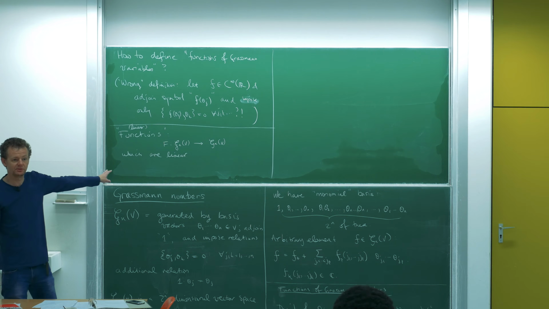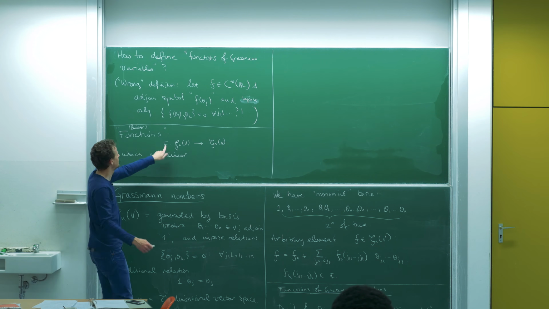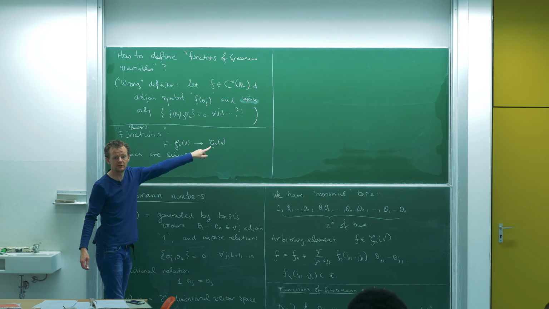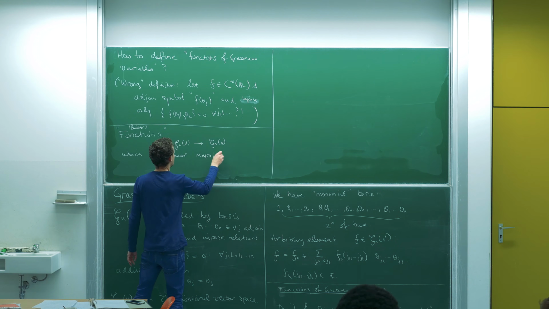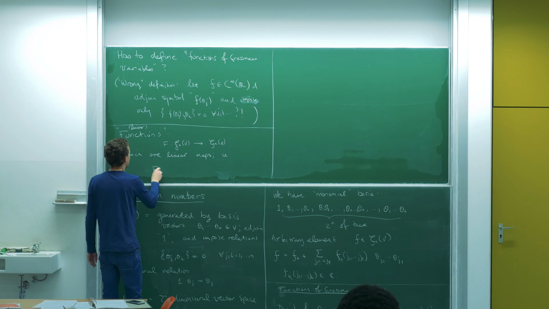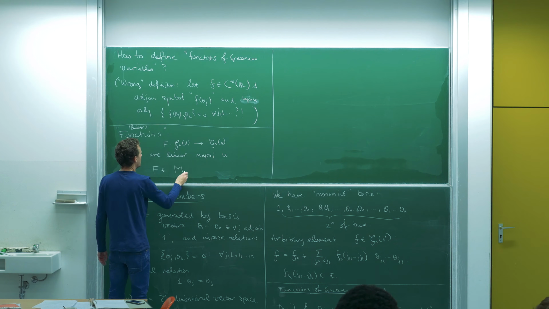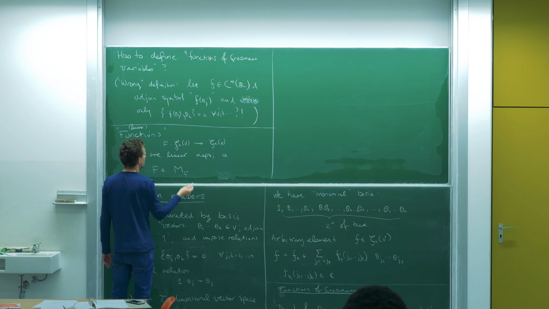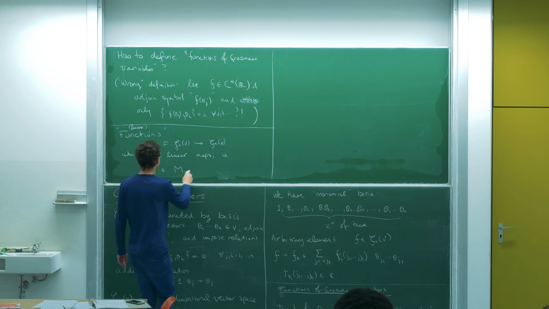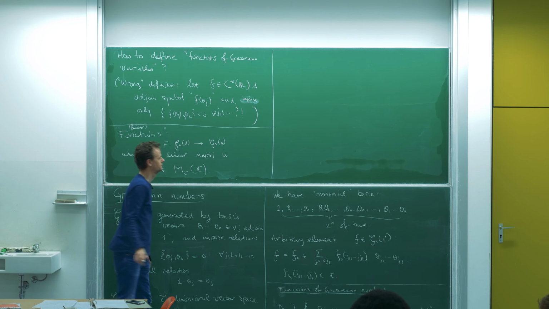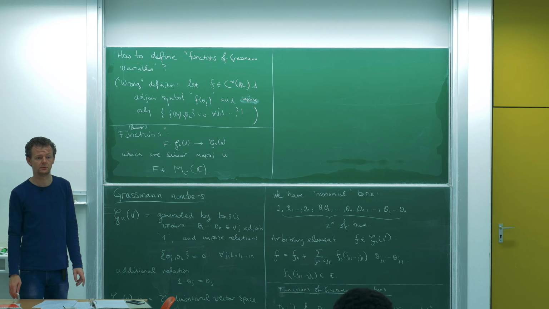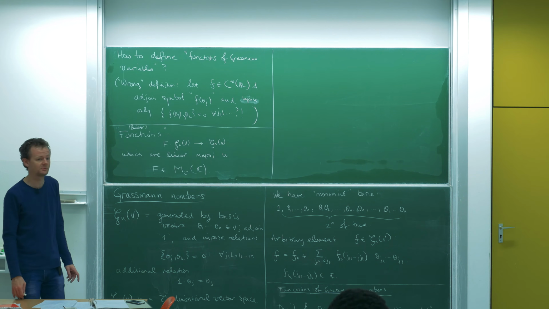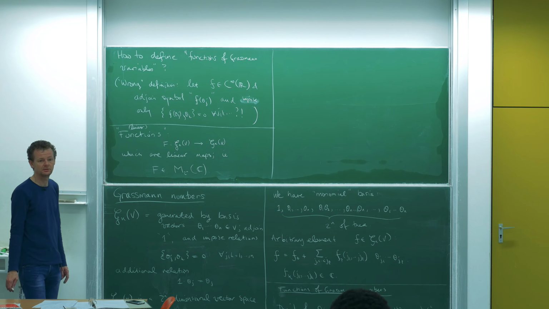They should be linear maps. Linear functions ought to be linear maps from the Grassman numbers to the Grassman numbers, i.e. f is somehow an element of the 2 to the n by 2 to the n matrices. So this is indeed the route we're going to take to defining functions of Grassman numbers. They should be maps.